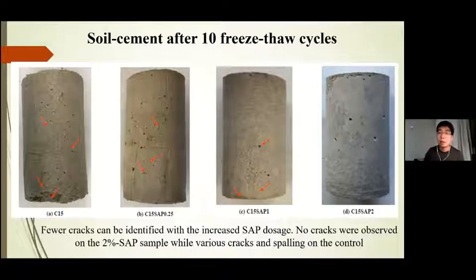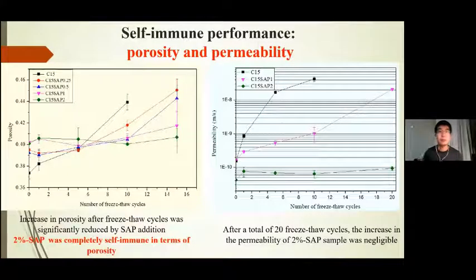The last figure shows when 2% of SAP is added into the soil cement system. No cracks were observed on the 2% SAP sample, while various cracks and spalling can be observed on the control sample, which is direct visual evidence of the improved self-immune ability of the soil cement after the addition of SAPs.